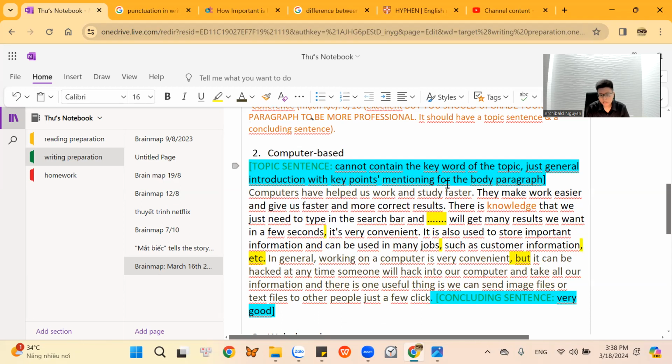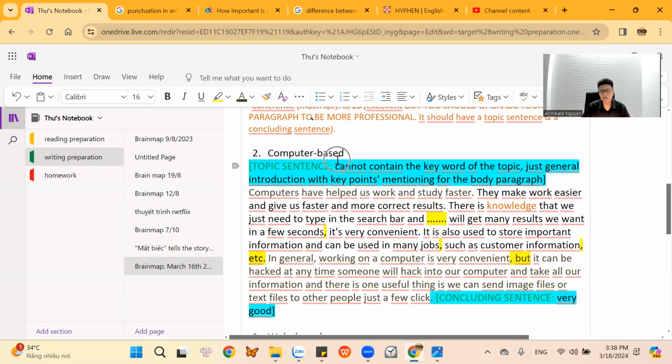You should introduce bit by bit about the topic, but make sure that you do not use the keyword of the topic, which is "computer based".